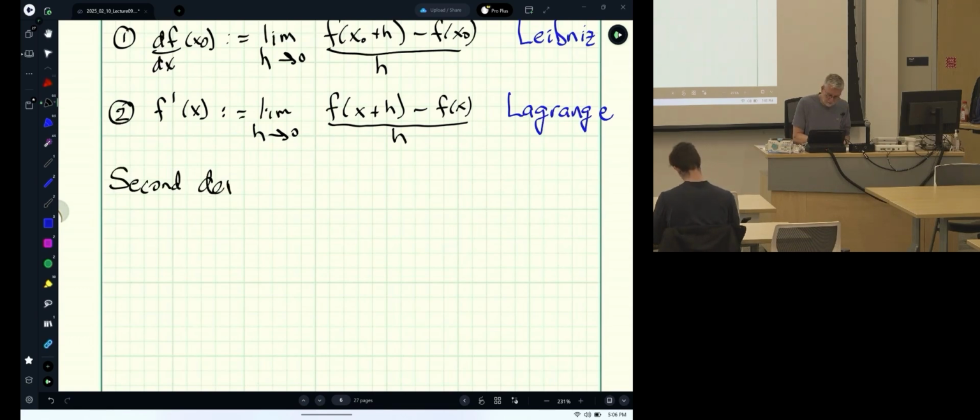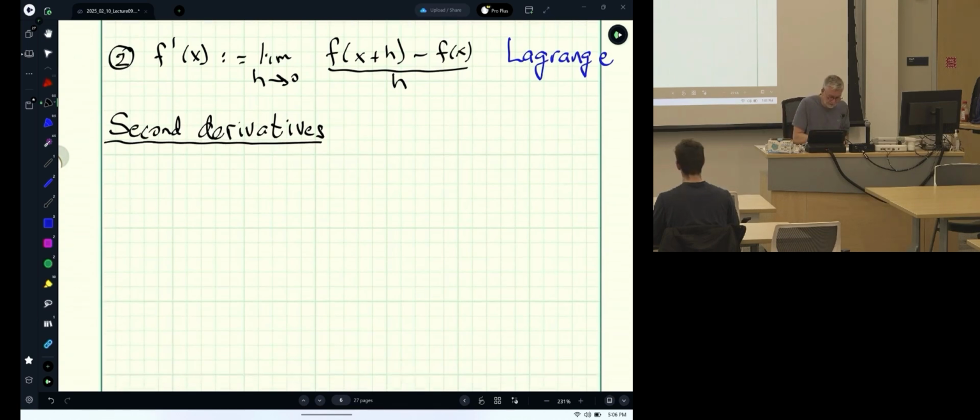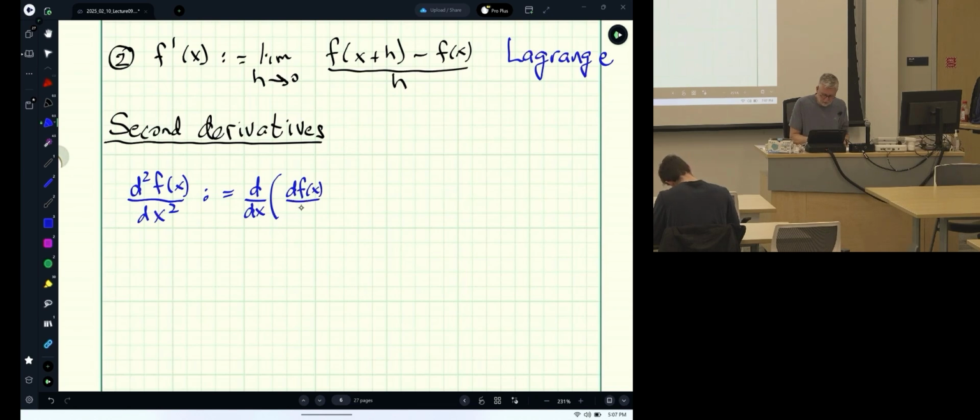Second derivatives. So we use d2 f of x, and then the 2 there for the squared. And that's by definition d by dx applied to df of x.